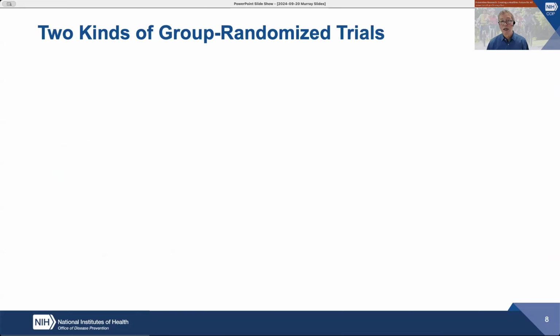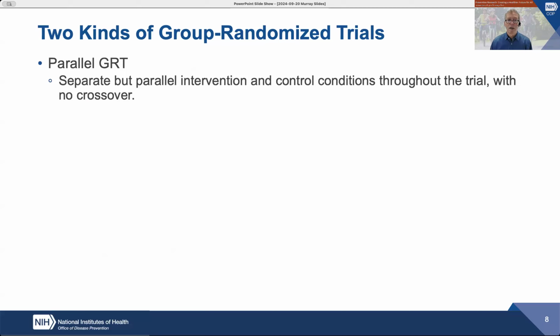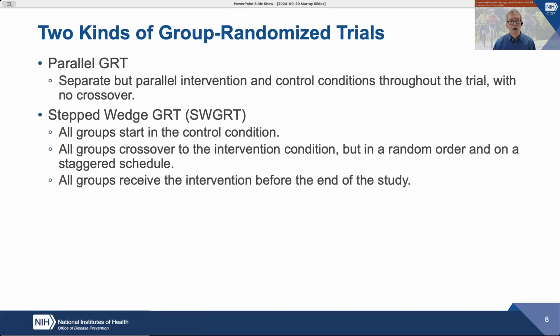As I said, there are two kinds of group randomized trials. In the parallel group randomized trial, we have separate but parallel intervention and control conditions through the duration of the trial, and there is no crossover from one arm to the other. So participants stay either in the intervention arm or they stay in the control arm.